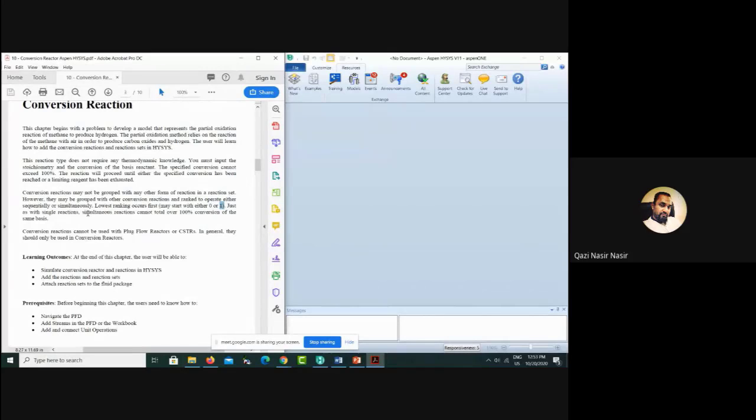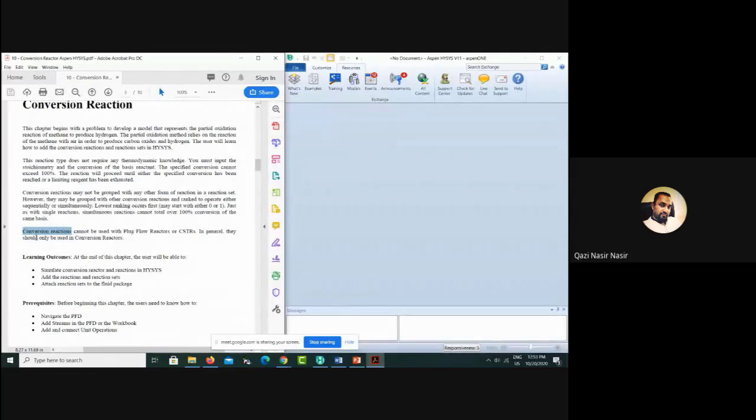Just as with a single direction, simultaneous directions cannot total over 100% conversion. So if you have more than one direction, the total conversion cannot exceed 100% of the same basis. Conversion reactions cannot be used with a plug flow reactor. This is another thing: if you're using a plug flow reactor or CSTR reactors, you cannot use conversion reactions or a conversion reaction set in that case.